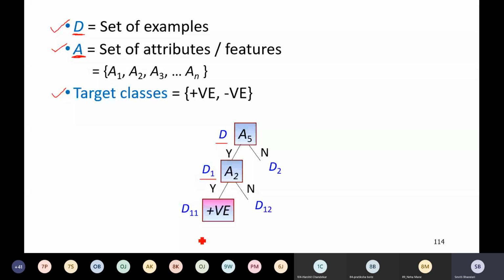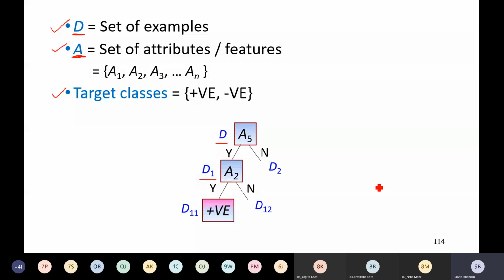And that is why we have here the leaf node that denotes the class of the samples, that is positive. Similarly, we may extend this tree at several branches. So this is the general idea of how we are going to build the tree, and we have a systematic way to come up with the decision tree.